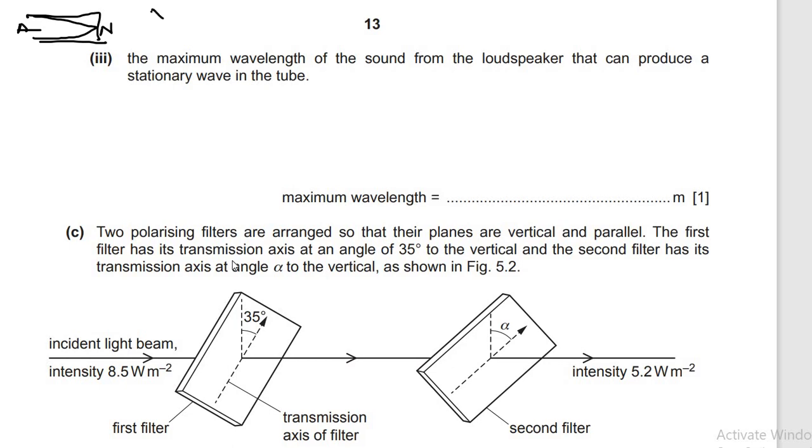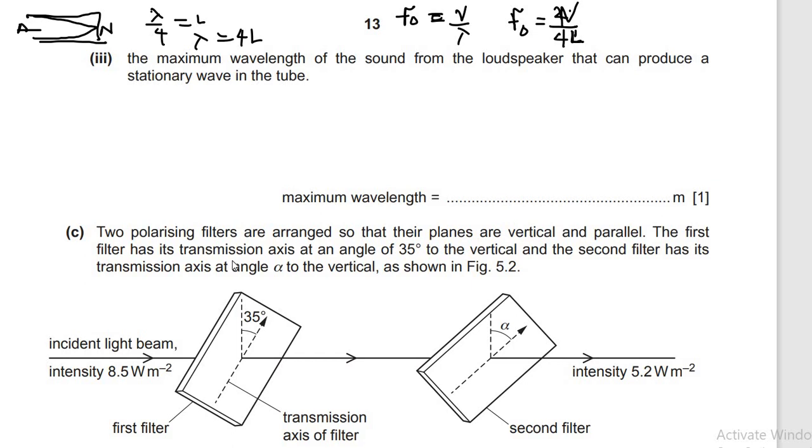So lambda over 4 equals L. Lambda is 4L. Fundamental frequency is v over lambda. In this case, fundamental frequency is v over 4L.